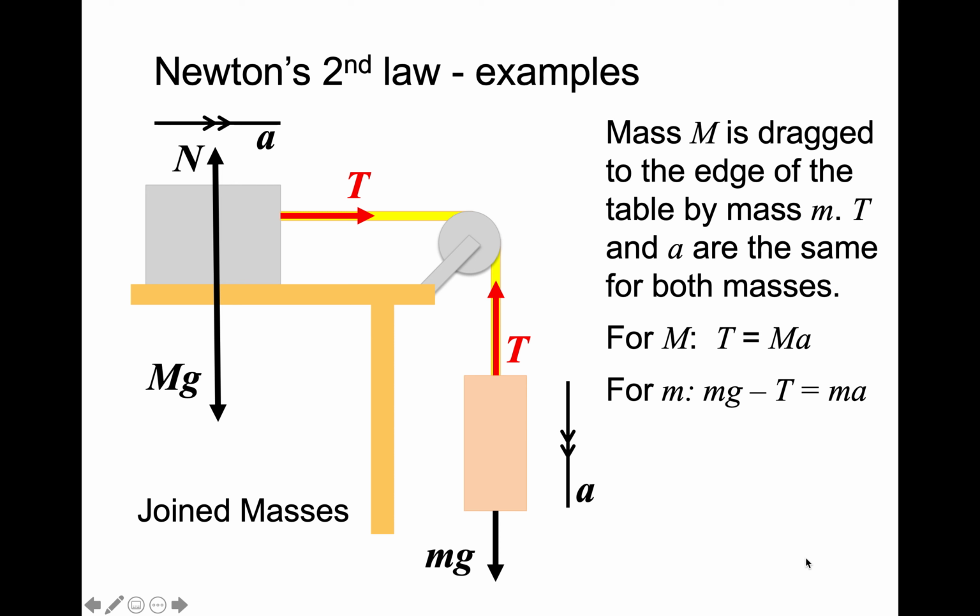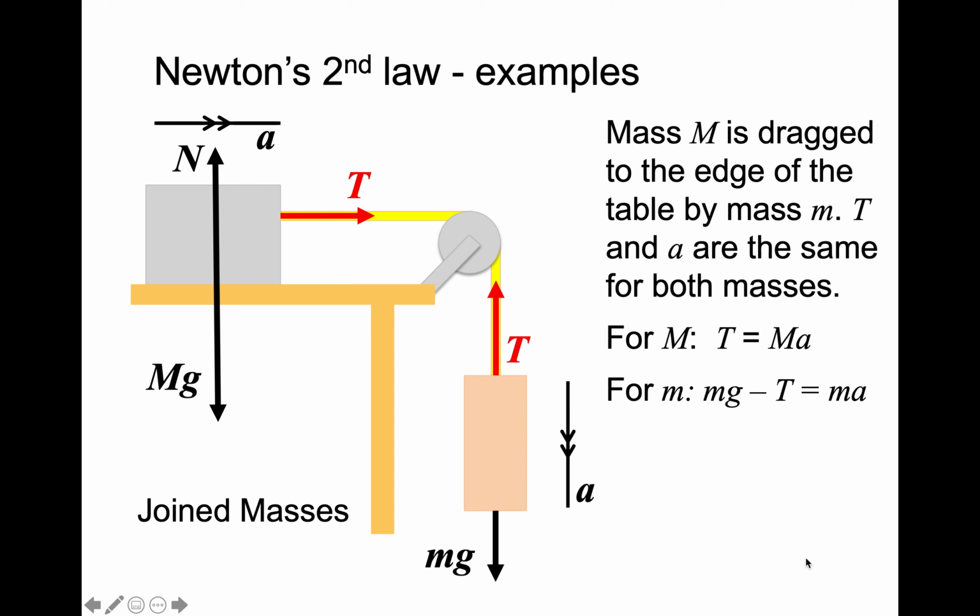For big M, we can see that T equals Ma. So the tension must equal the mass times the acceleration. The acceleration is the same for both blocks because the cable does not get stretched. It's the same length, so both blocks must move together.